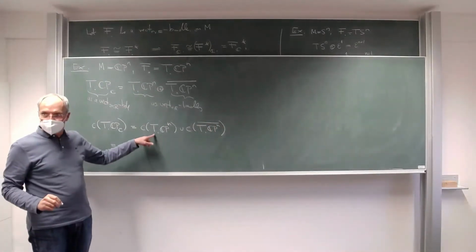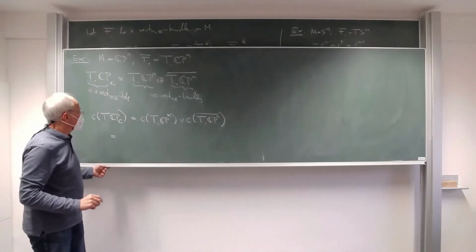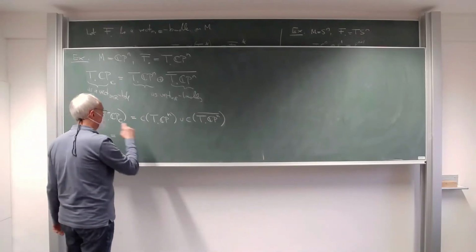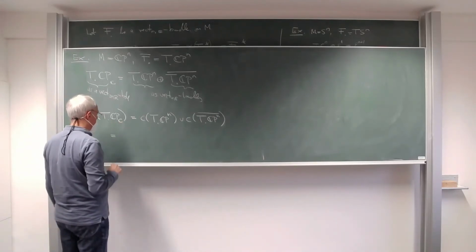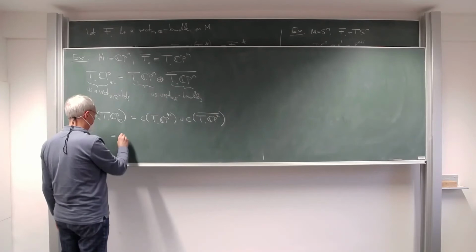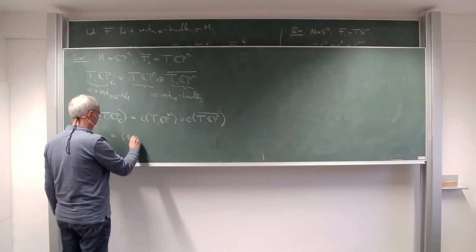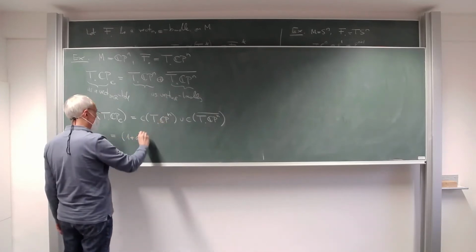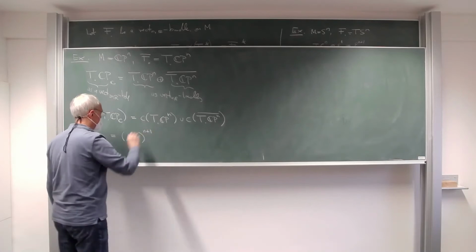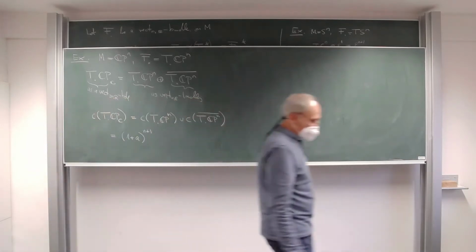And this guy we've computed. So we saw that this one is given to us as (1 + a)^(n+1).